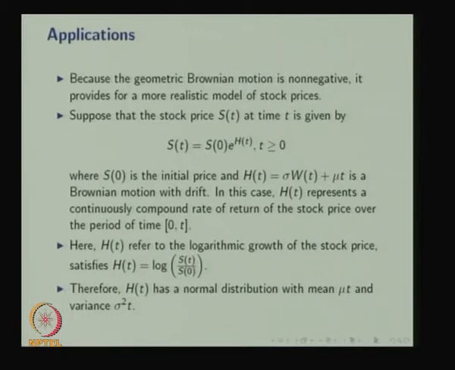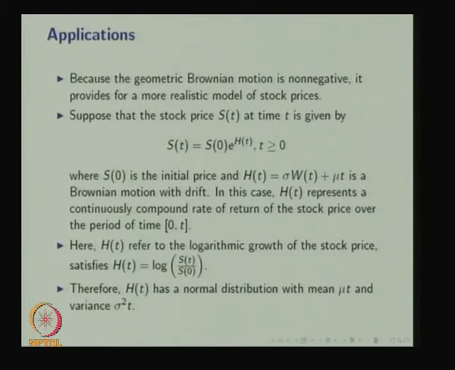The geometric Brownian motion is of the form X t is equal to x naught e power W t, whereas here we are considering a more general setup. S of t is equal to S of 0 e power H t, where H t is having a mu t term along with the sigma times W t. If you make mu equal to 0 and sigma squared equal to 1, you will get the standard geometric Brownian motion which we have discussed. But here, H t is a Brownian motion with the drift mu.